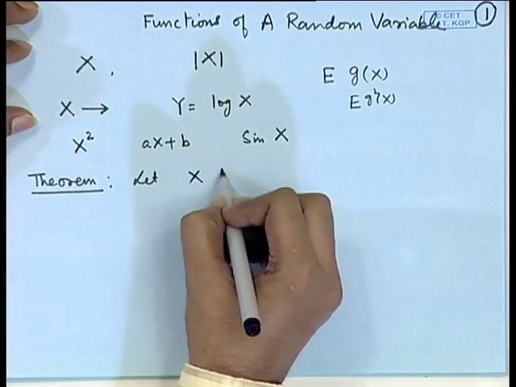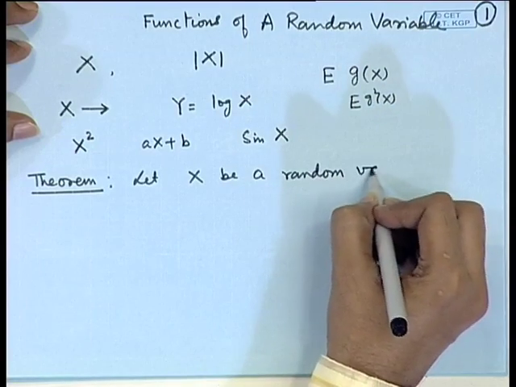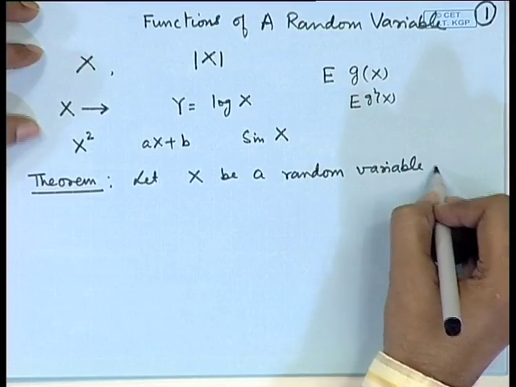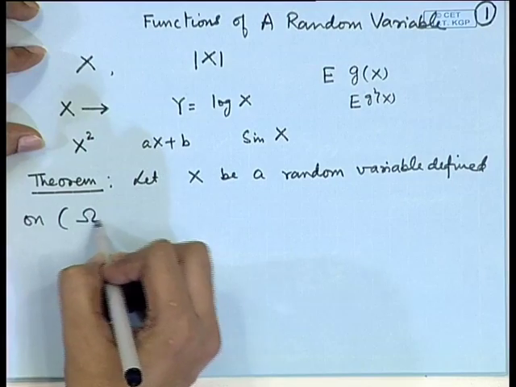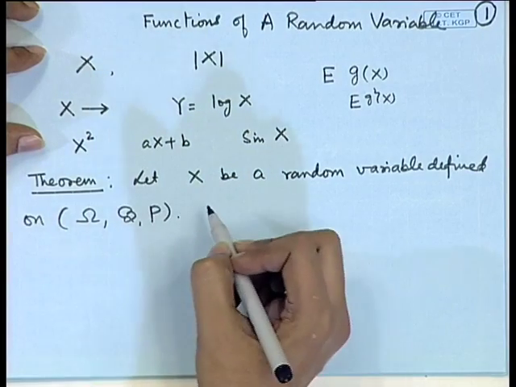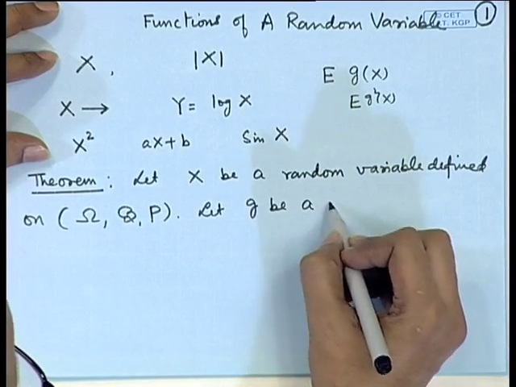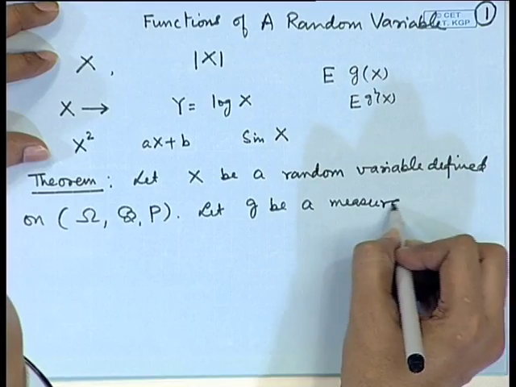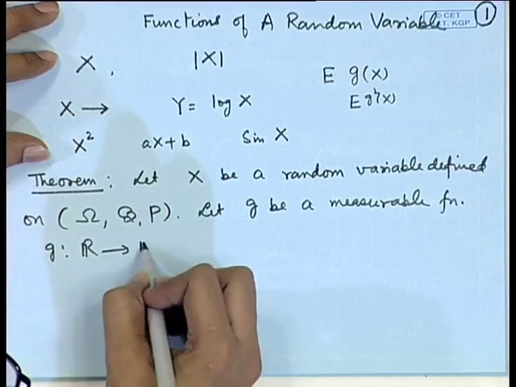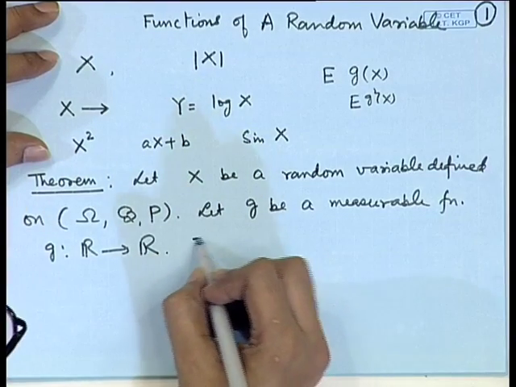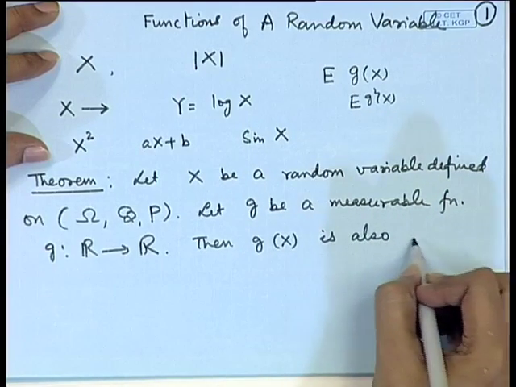Let X be a random variable defined on say (Omega, B, P). Let g be a measurable function. So, g is a function from R to R, then g(X) is also a random variable.